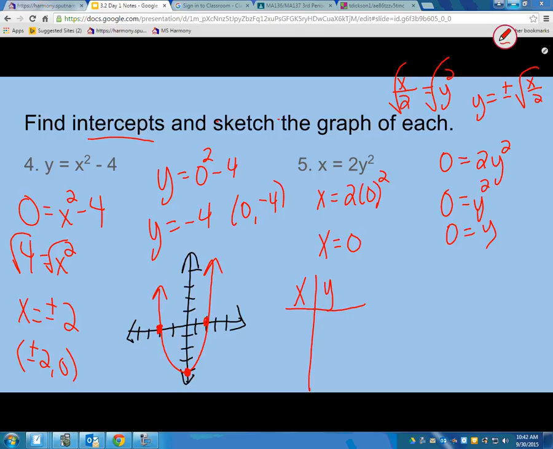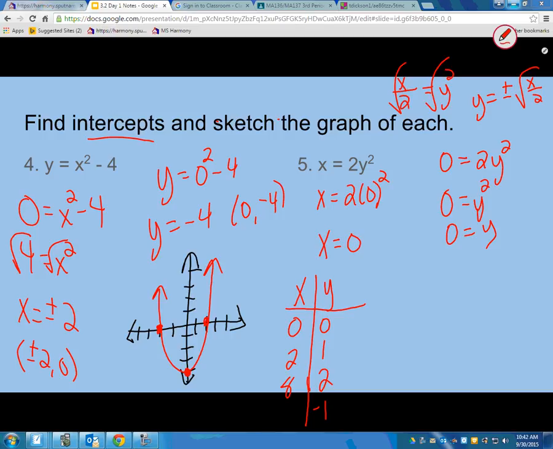So we already know 0, 0 works. But now I'm going to pick y values to get x values. So what's a y value I can pick? 1 sounds like a good y value. And if I plug 1 in for y, what's the x value I'm going to get? Just 2. 2 times 1 squared is 2. And let's just pick 2. If I plugged 2 in for y, what would I get for x? 8, right? 4 times 2 is 8.